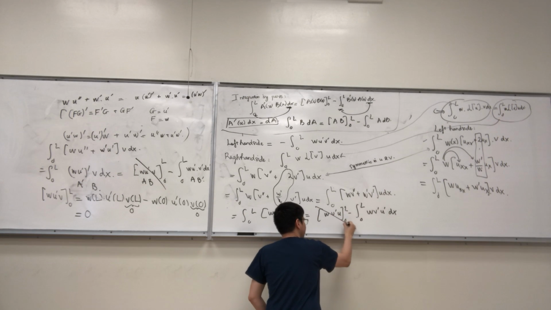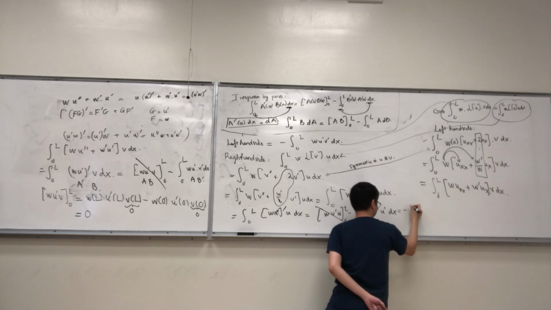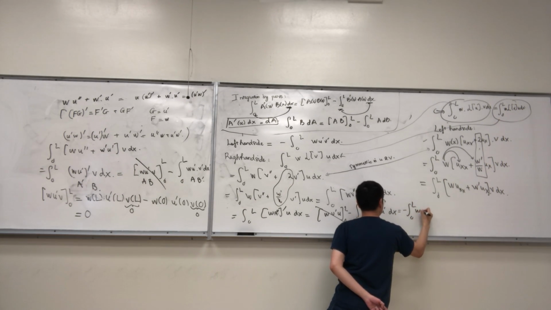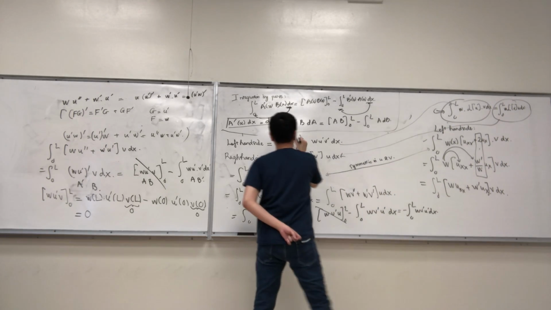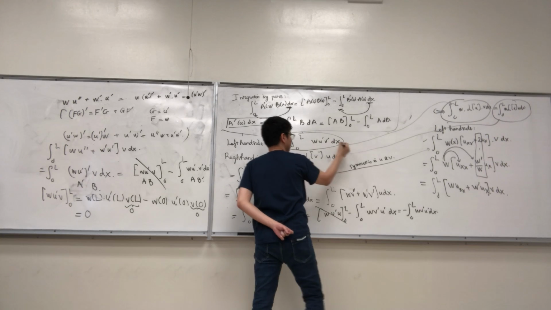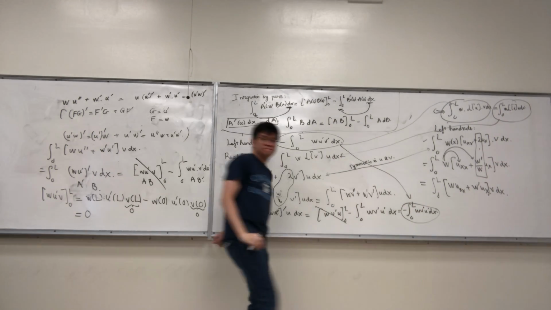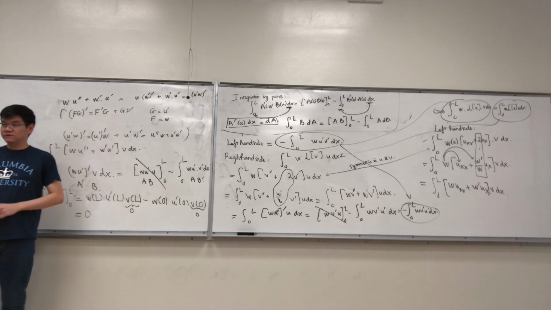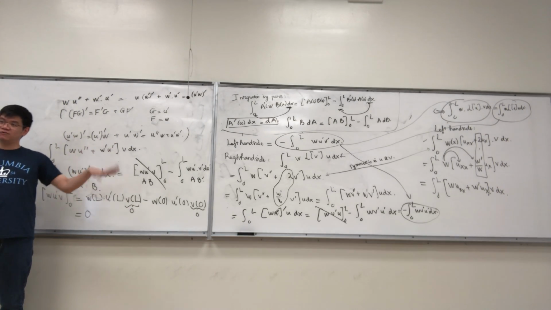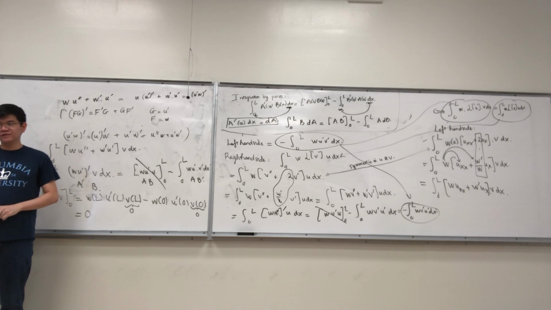So this is going to be 0, and you're going to have the same guy. It's clear? Questions? So basically, the left hand side and the right hand side are the same, which means that L is self-adjoint under this weight.